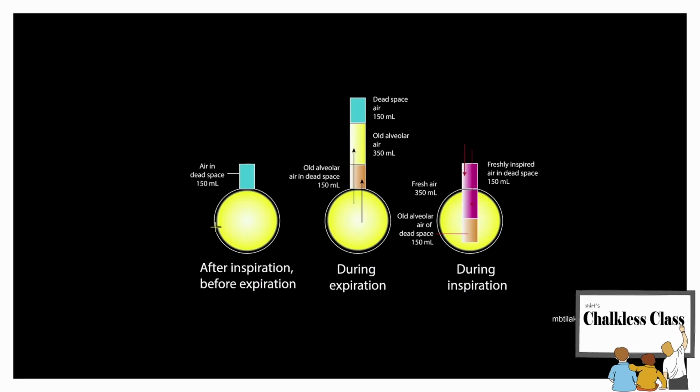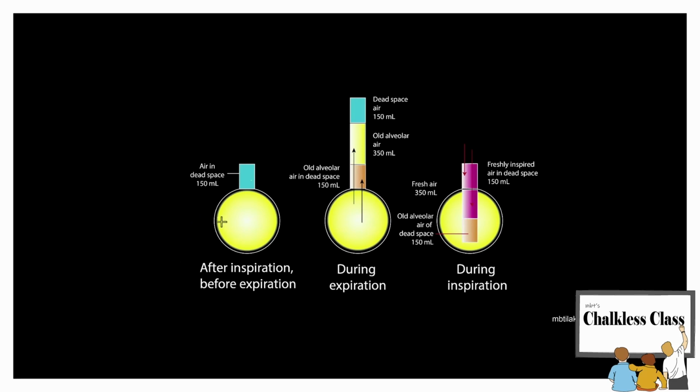So this is moderate lung volume. Assume that this is 2700 ml and this is the trachea. In this trachea, 150 ml of air is present. This air doesn't participate in the gaseous exchange and it is not useful for the exchange of gases.